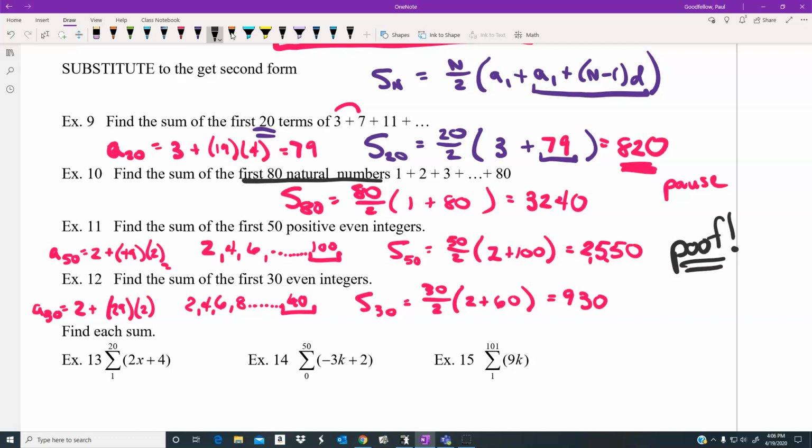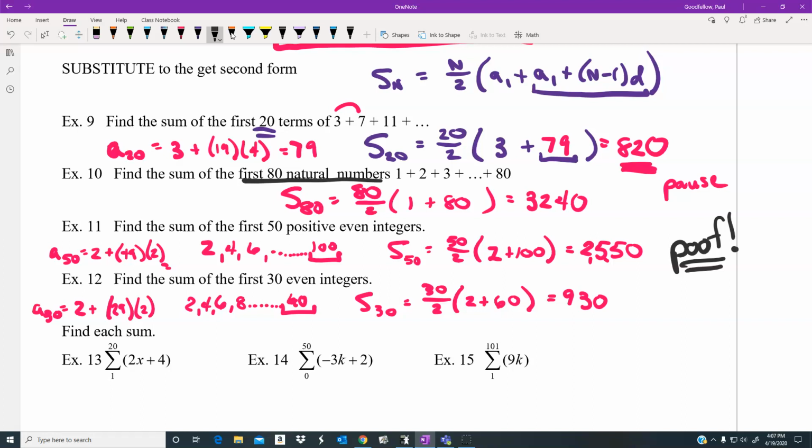And I think it'd probably be better yet to say that those are the first 80 counting numbers. If I was to say the first 80 integers greater than 0, be really careful. The 80th term, if I included 0 of integers that were greater than or equal to 0, would be 79.